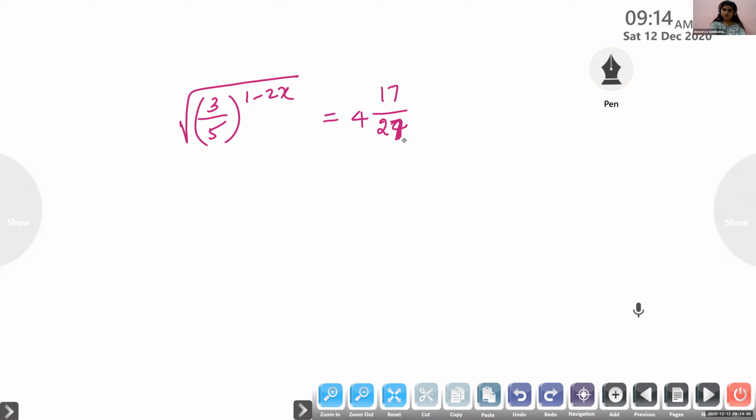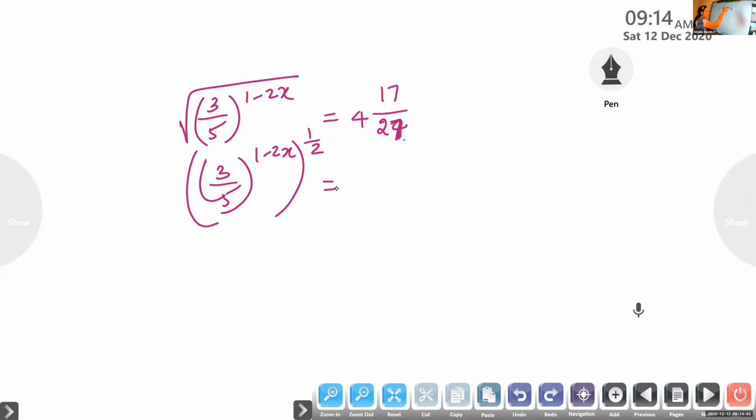First change the root. You can take the root as a power, so you get 3 by 5 raised to 1 minus 2x, whole raised to 1 by 2, equal to this side we have in mixed fraction. Multiply 27 into 4 plus 17 by 27.